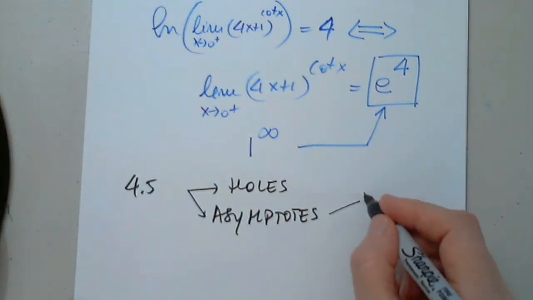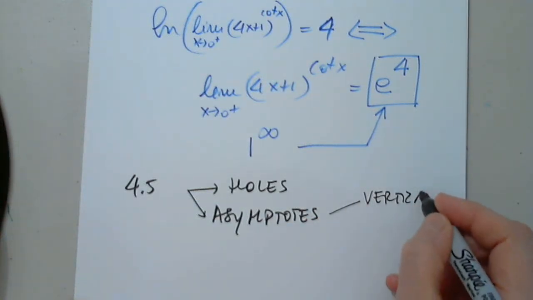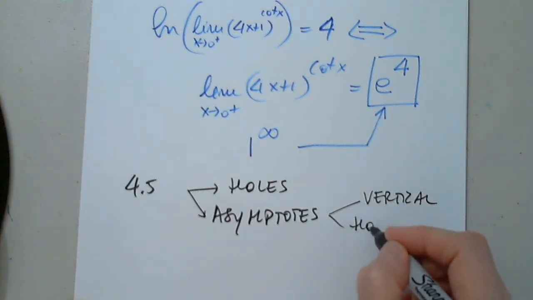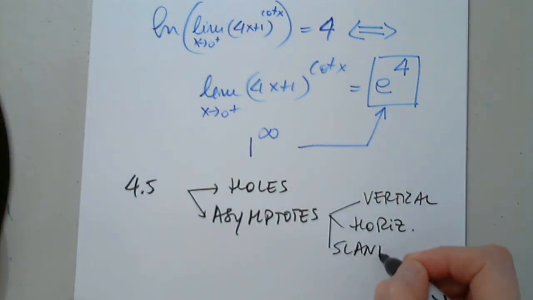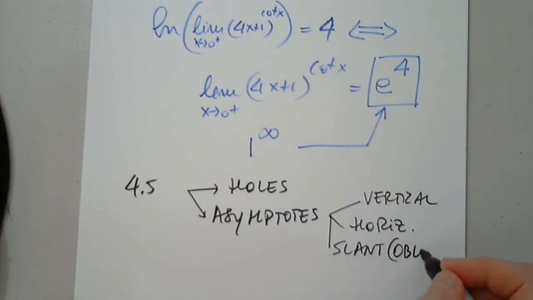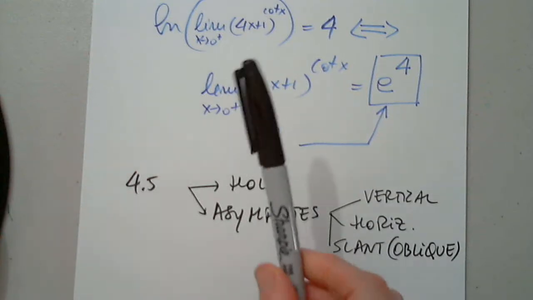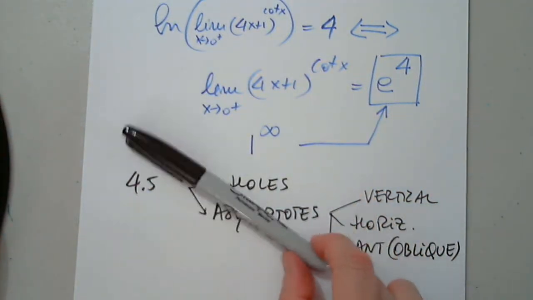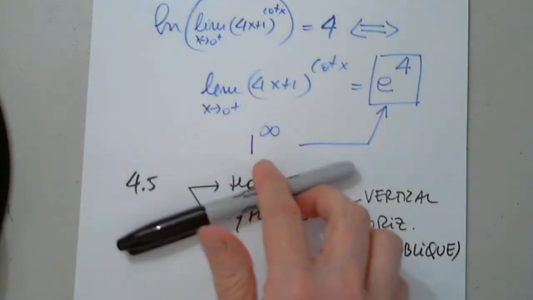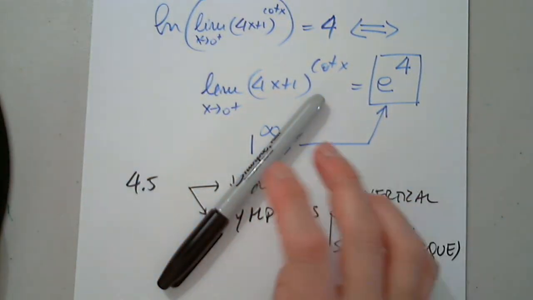Asymptotes like vertical, horizontal, and slant, also called oblique. Of course, vertical means this, horizontal means this, and what is slant or oblique? This, or this. Okay?